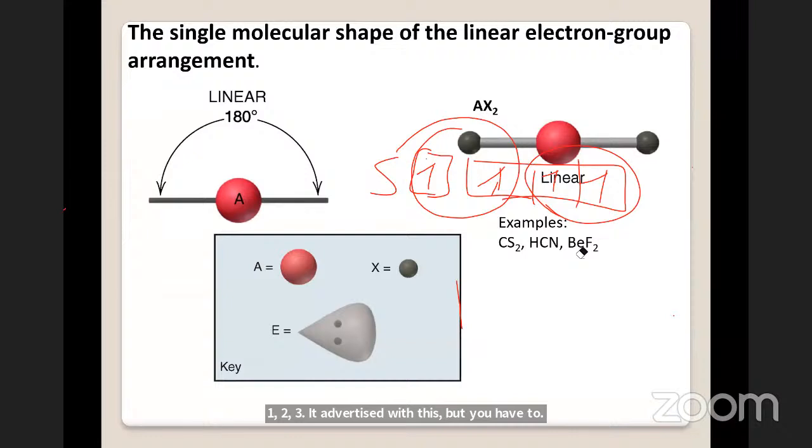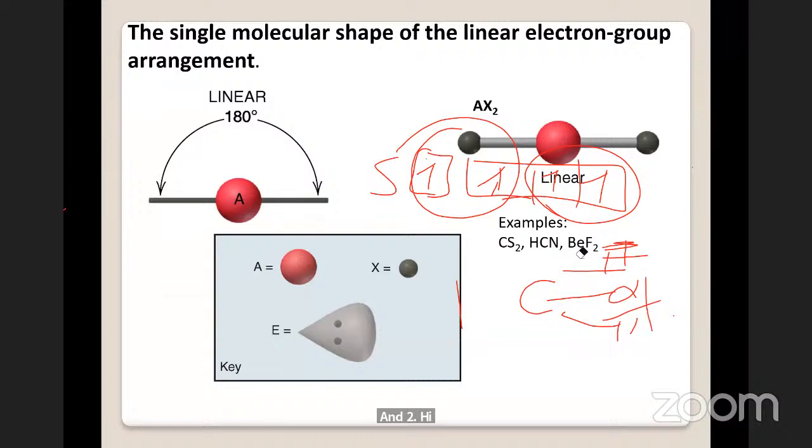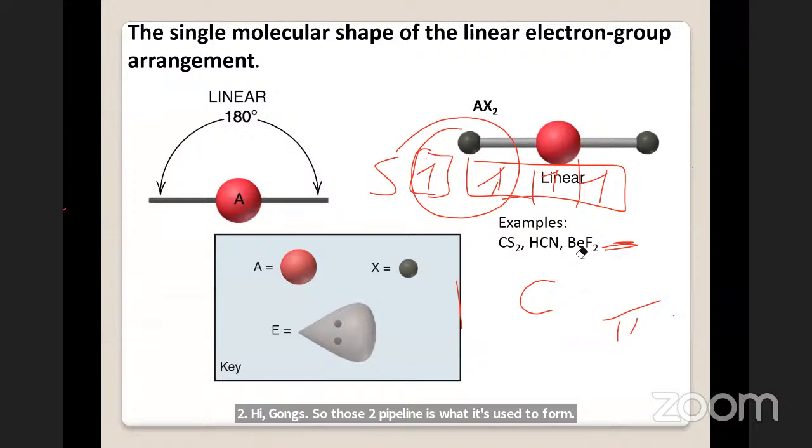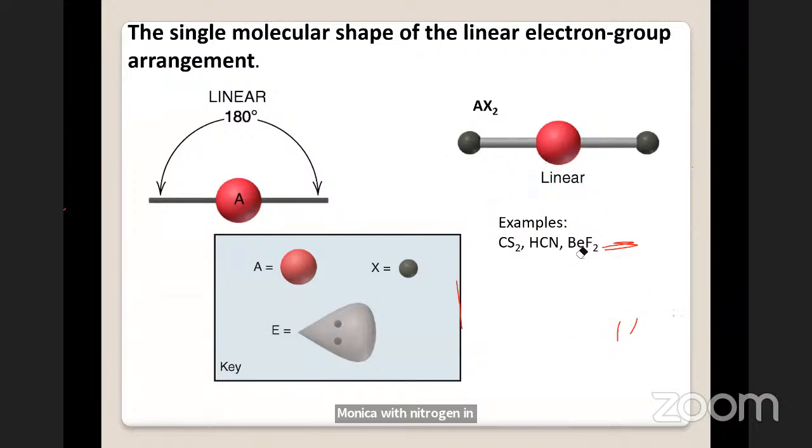Those 2 p orbitals form pi bonds. So you have carbon with a sigma bond and 2 pi bonds. Those 2 pi bonds are what is used to form the bond with nitrogen in hydrogen cyanide.